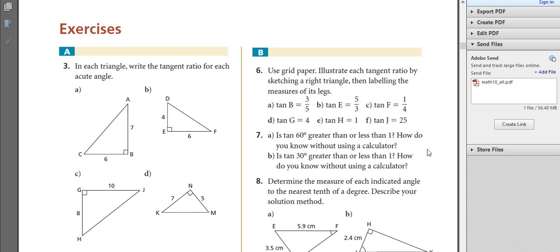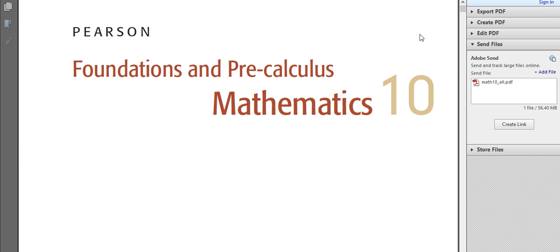Okay, no problem. Inshallah, next classes we'll use that one. But right now I think that I sent you this book before. Yes, I have it. It's Pearson Foundation and Pre-Calculus Mathematics 10.